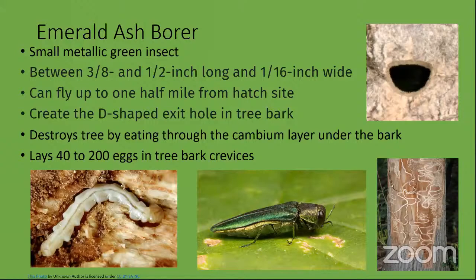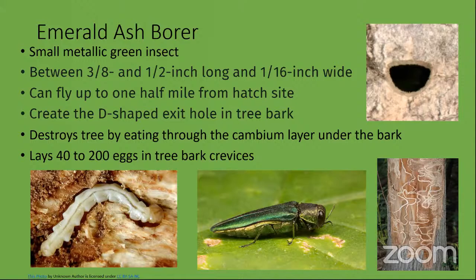This is where all the passageways are, where the water goes up to the tree leaves and the food comes down and vice versa. When they eat through that, they cut through all those water conducting tubes, and so it cuts off the nutrition and the water to the tree.